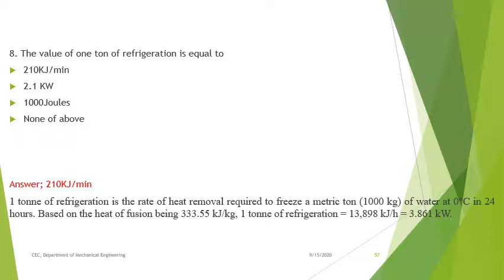So 1 ton of refrigeration equals 13,898 kilojoules per hour, which is equal to 3.861 kilowatt.